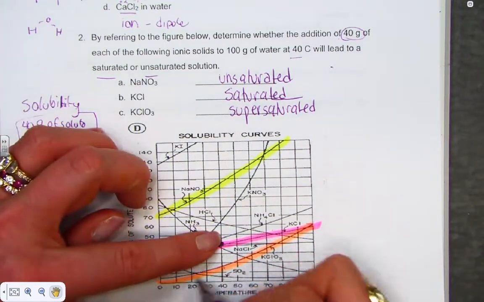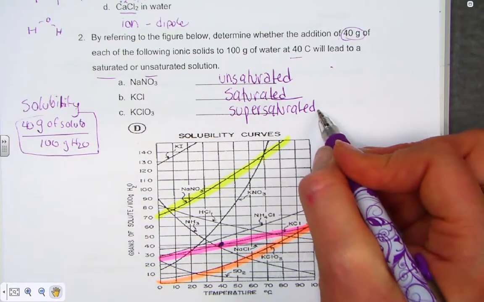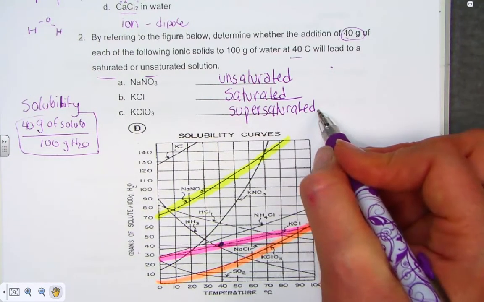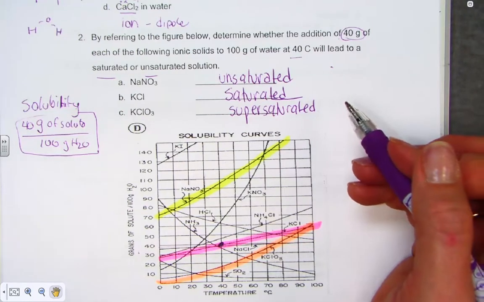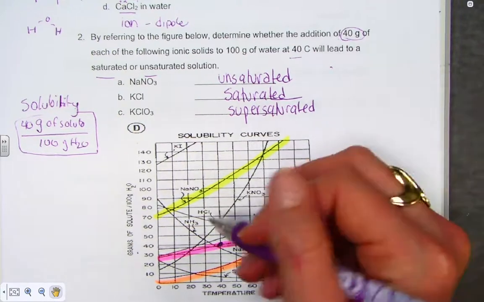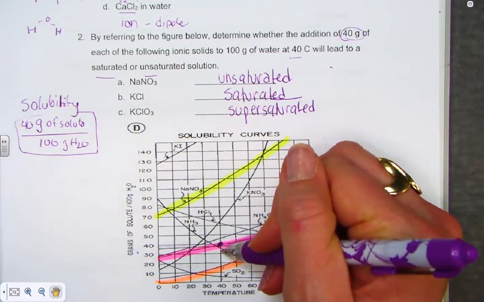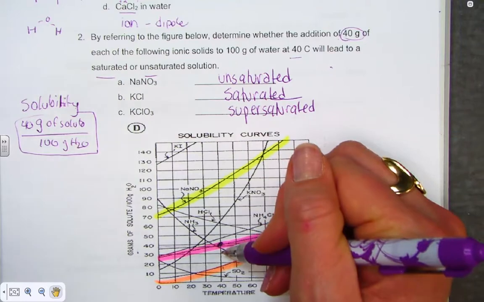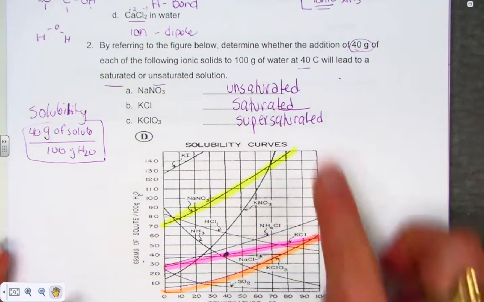This point lies above the solubility curve. It's called supersaturated. Now, we know that those solutions are very unstable, and all it would take is a little bump and all that excess solute would come pouring out. But if indeed it was a dissolved solution, looks clear to the eye, it indeed is supersaturated.